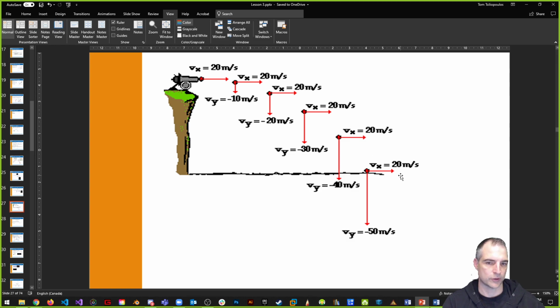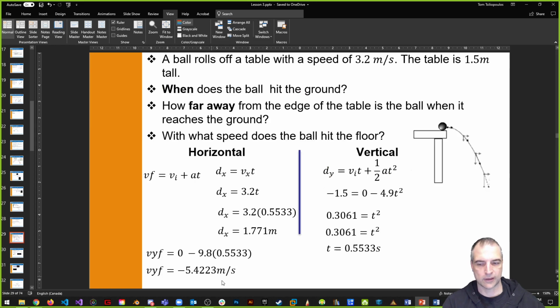On the x-axis, it's going to hit the ground at 3.2 meters per second. On the y-axis, that's what we really care about, it's going to hit the ground at negative 5.4223 meters per second. So actually, it's going to be faster across the y-axis than it is across the x-axis.